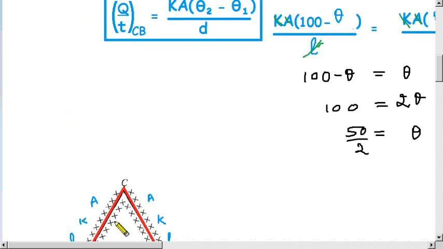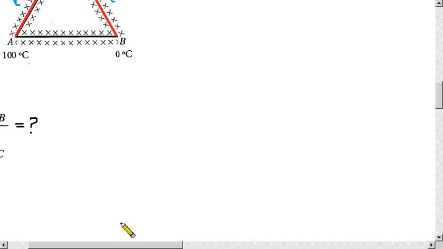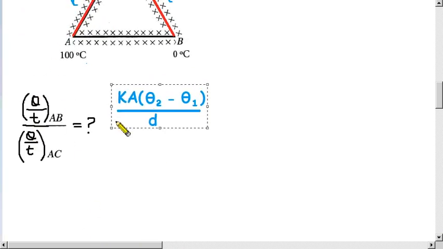So we know the equation. Again we use this equation, but we equated it here. Here what we have to do, we have to divide it, because what they want is this ratio.